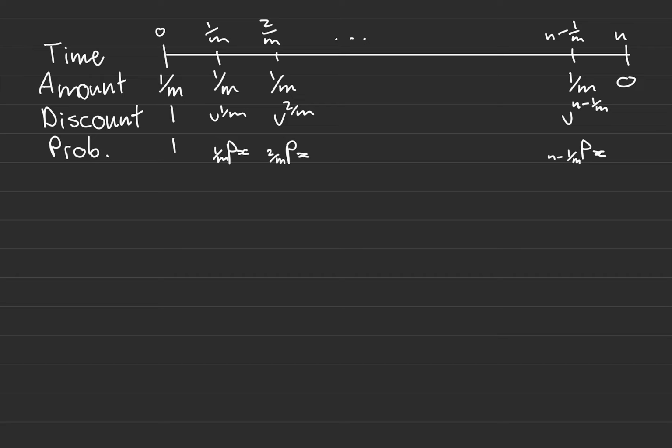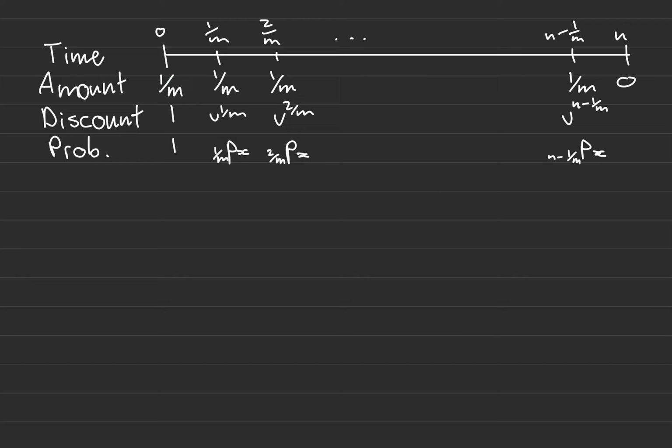So I have m payments of size 1 over m in one given year, and m times 1 over m just equals 1. And these payments are occurring at regular intervals every 1 over m units of time.